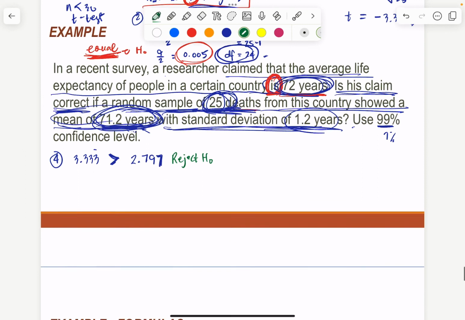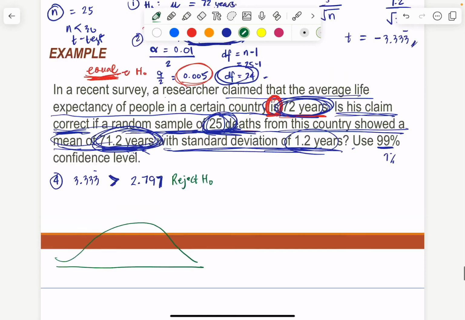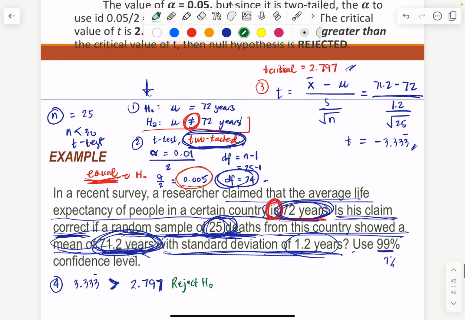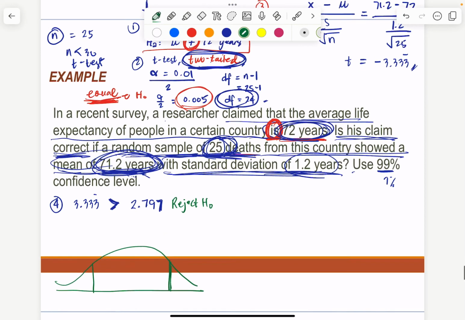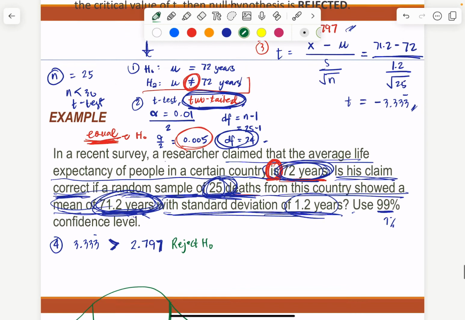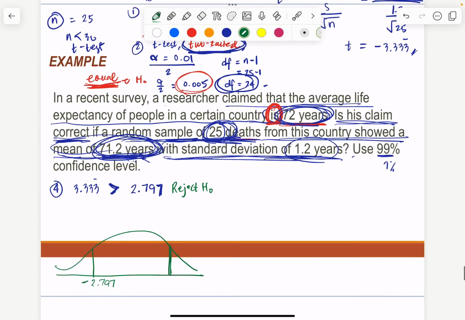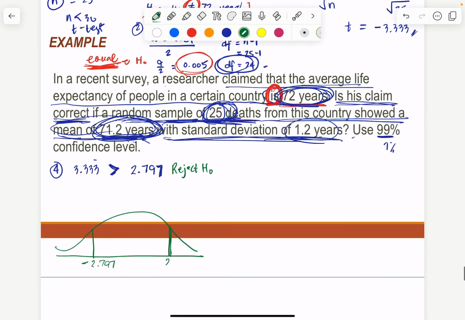Now, we can check this using our curve. We will use the t critical. This is two-tailed, so there are two tails. Since this is two-tailed, you write negative t critical, 2.797, for the left side, and for the right side, of course, positive 2.797. Now, you shade your rejection region.